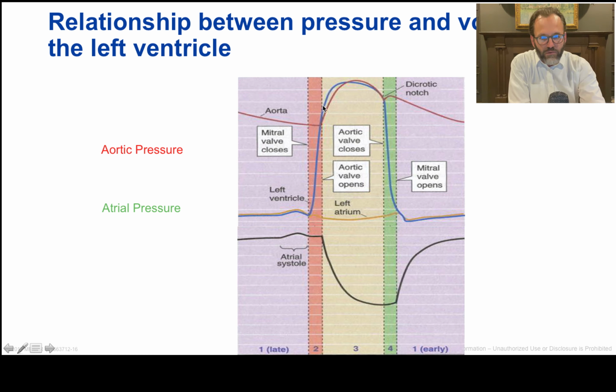So again, as we discussed, when we're looking at these changes in ventricular volumes in the context of the changes in ventricular pressures, you can see that there are not reductions in ventricular volumes until ventricular pressure exceeds aortic pressure. And similarly, there are not increases in volume during this filling phase until ventricular pressure again drops below atrial pressure.